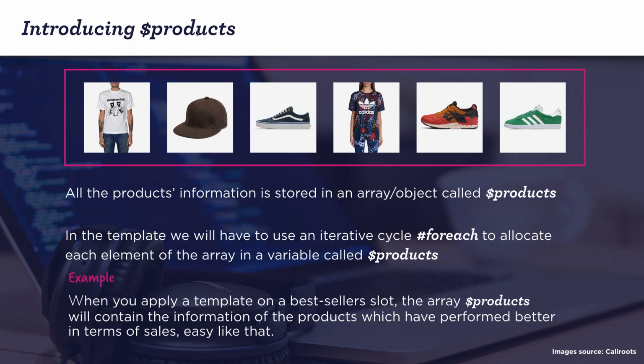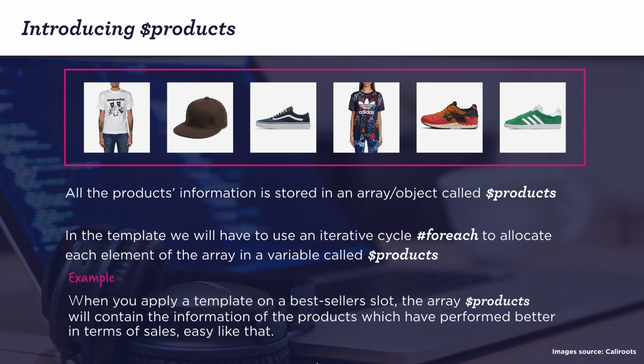In the template, we will have to use a foreach cycle, which we're going to see a little bit ahead, to allocate each element of the array in a variable object called product. Sorry, there is a typo here, the second one is product, in a variable called product. For example, if we apply a certain template onto a slot which is configured for showing bestsellers, the $products array will contain all the information for that slot related to the bestseller products.